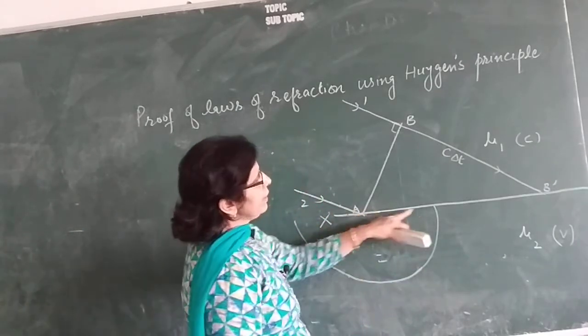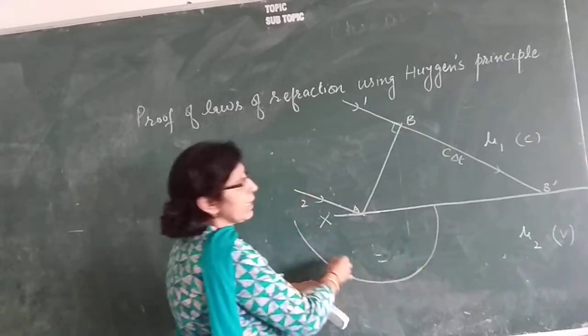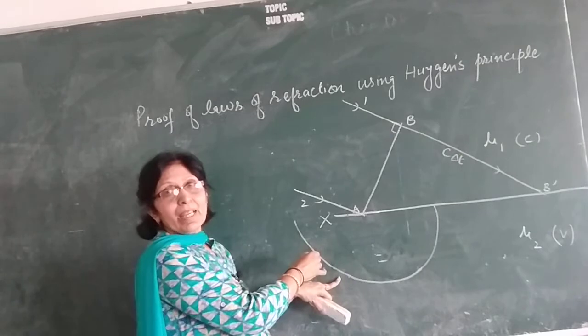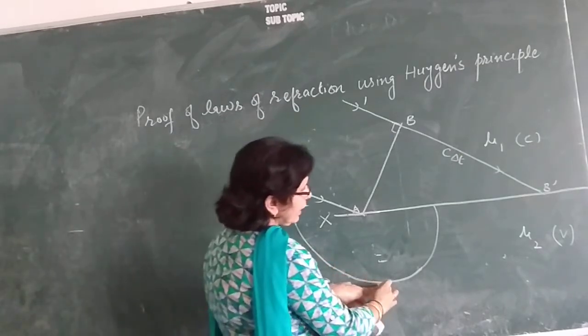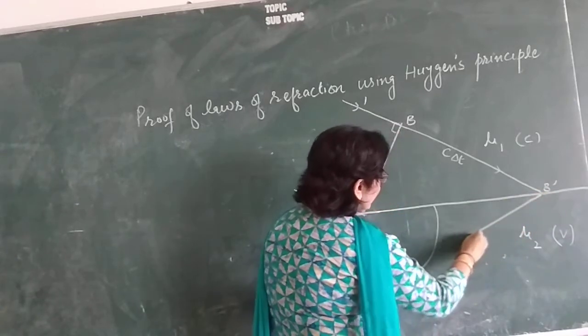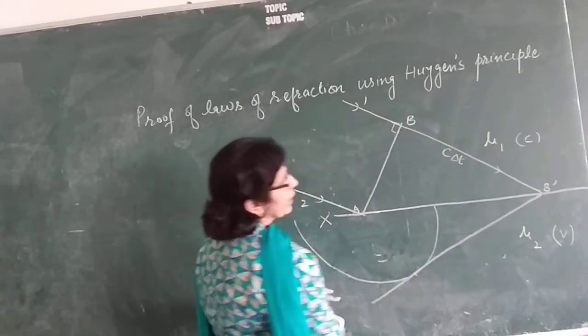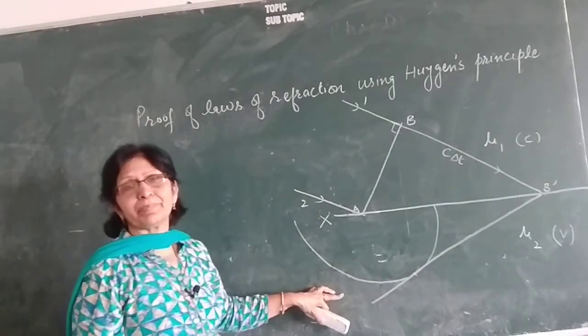Now A is the center and I have drawn this arc. This arc is the secondary wavelet, and the tangent from B dash to this arc gives you the secondary wavefront.